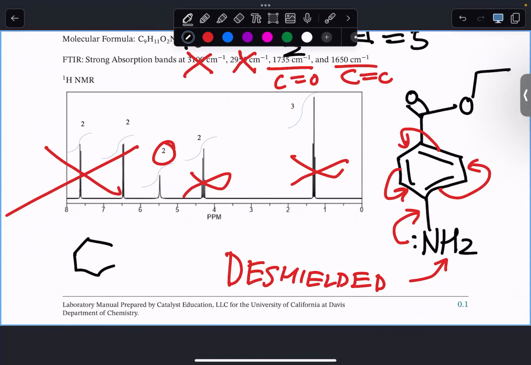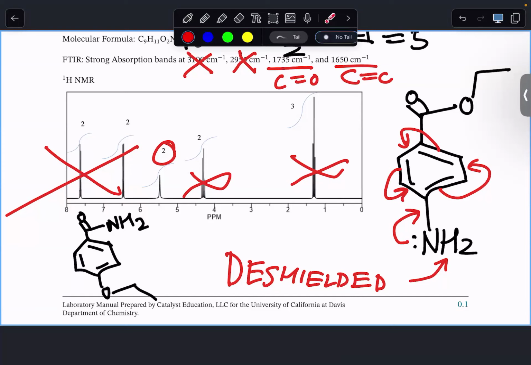This could have been an amide, and this could have been that group right there, right? To tell the difference, look at this peak right here. This peak is very deshielded, right? Which means that when we do resonance here of this nitrogen, you can only do resonance at 1 spot.